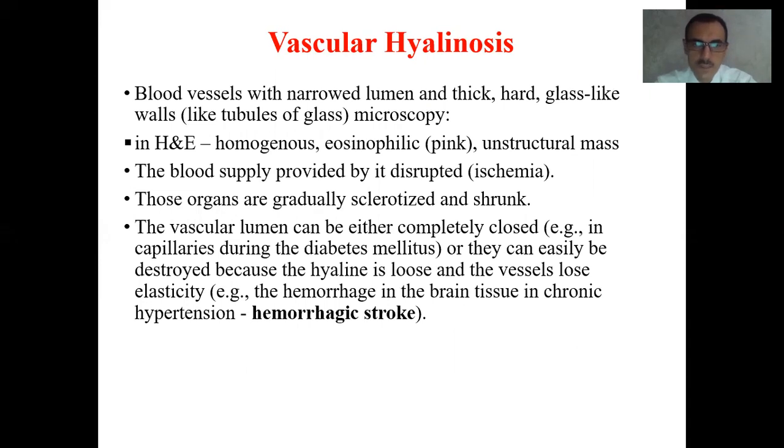Those organs are gradually sclerotized and shrunk. The vascular lumen can be either completely closed, for example, in capillaries during diabetes mellitus, or the vessels can easily be destroyed because the hyaline is loose and the vessels lose elasticity. For example, hemorrhage in the brain tissue in chronic hypertension, we call hemorrhagic stroke.